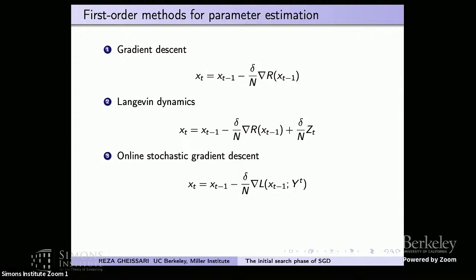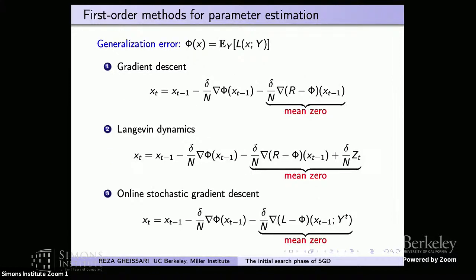And maybe what I'll be talking about most for the purposes of this talk, because it's the easiest to analyze, is a stochastic gradient descent algorithm, where instead of optimizing this risk function, you're getting your data point y, and you're just using a gradient update with that single data point. Okay.